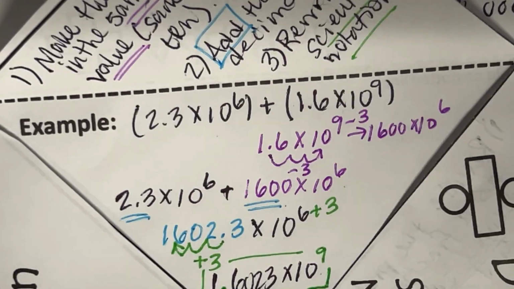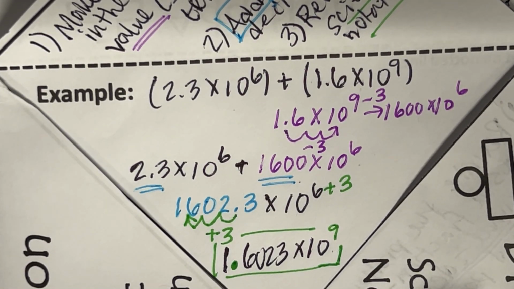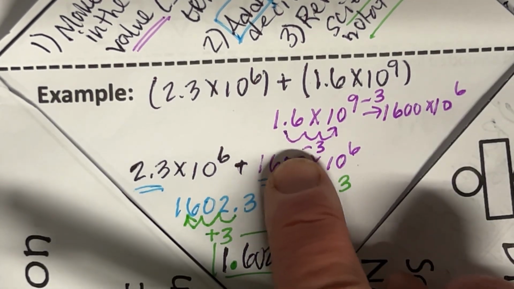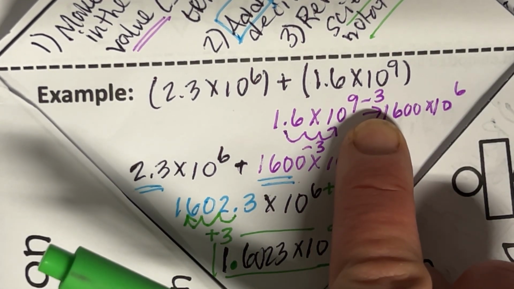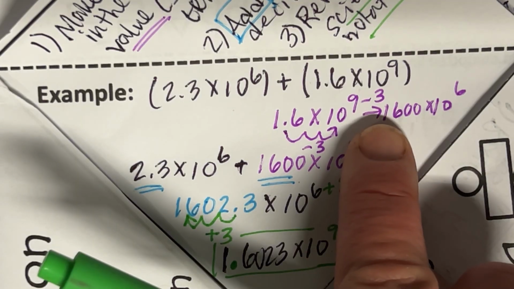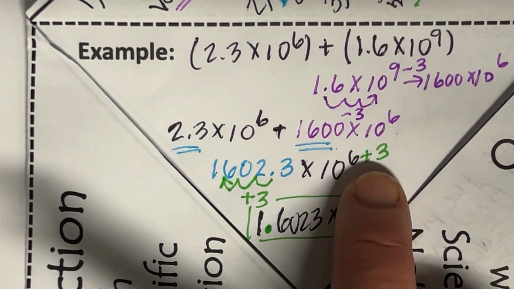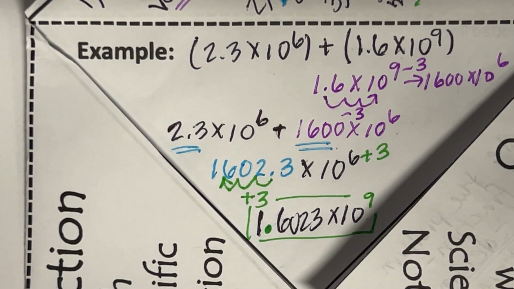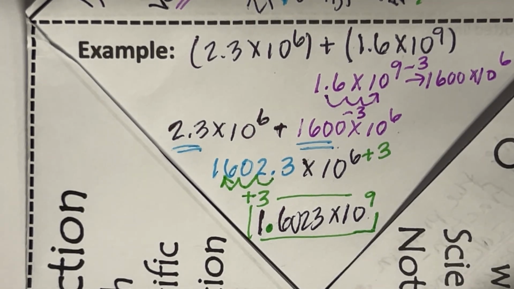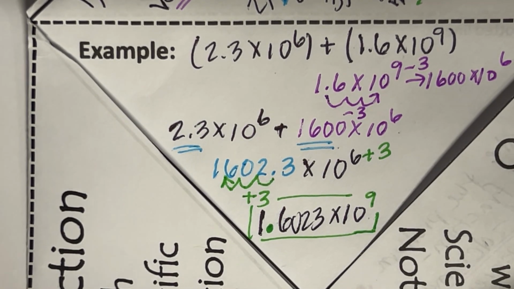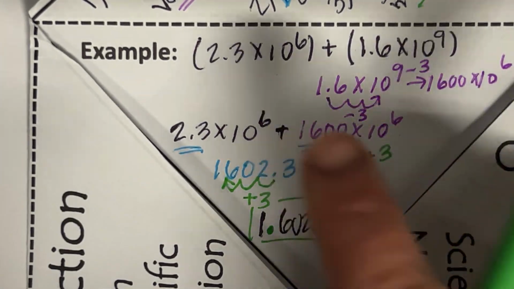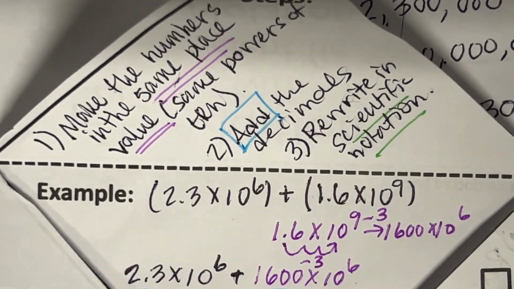Okay, so there is addition done. Notice when I move my decimal to the right, I'm taking away place values in my exponent. And then when I move it back to the left, I'm adding 3 place values to my exponent. So keep that in mind. When I move to the right, I'm taking away exponents. When I move to the left, I'm adding exponents. So there is addition in scientific notation.